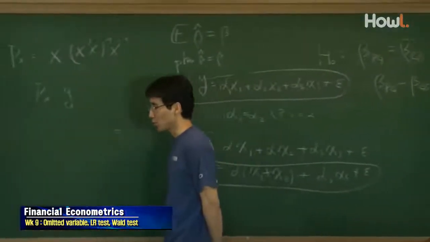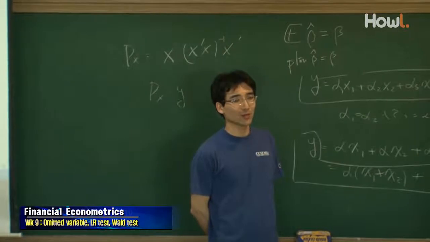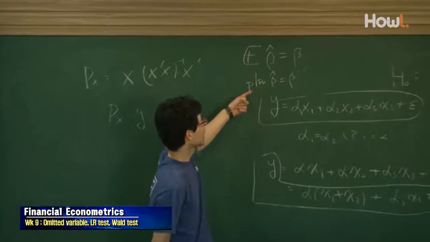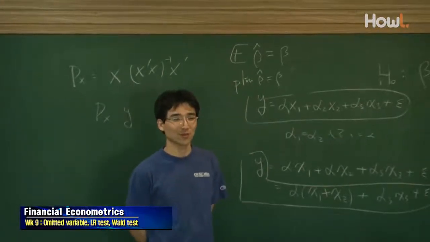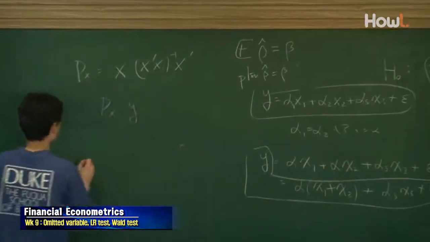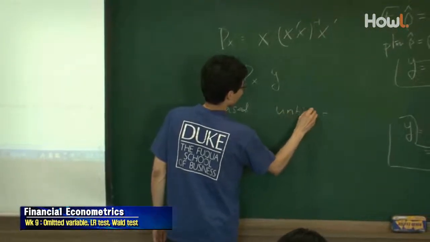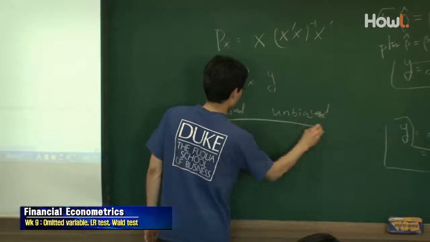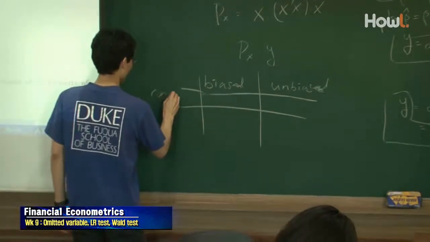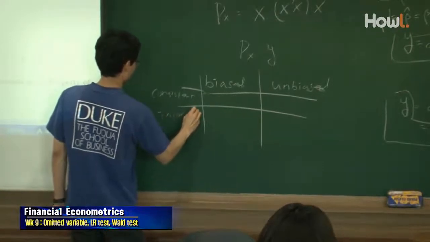I have one question. Do you think it is possible that some statistic, which is an estimate for beta, is unbiased but still not consistent? So we have biased, unbiased, and then consistent, inconsistent.